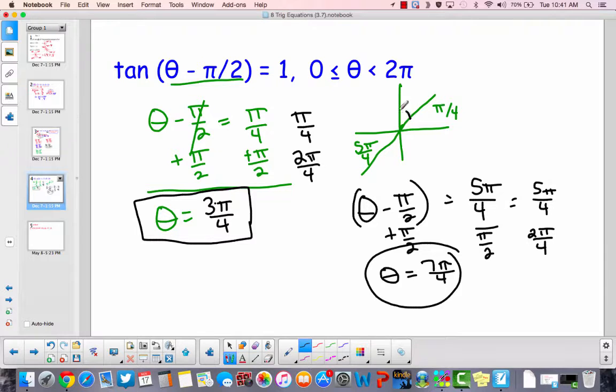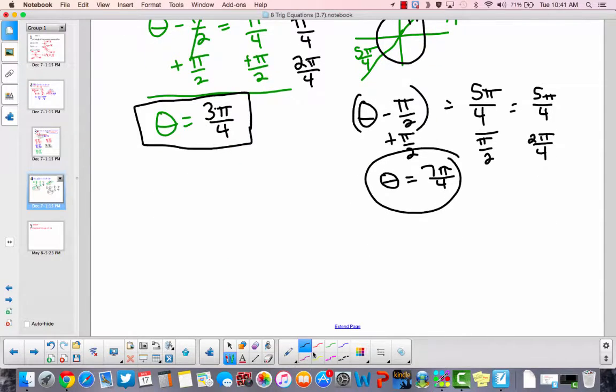Now, just like we saw from before, we need to check what happens if we go around the circle again. So pi over 4, we go around the circle one more time, and so we add 2 pi to that. If we add 2 pi to pi over 4, that would be 9 pi over 4. So theta minus pi over 2 is equal to 9 pi over 4. Again, solve for theta.